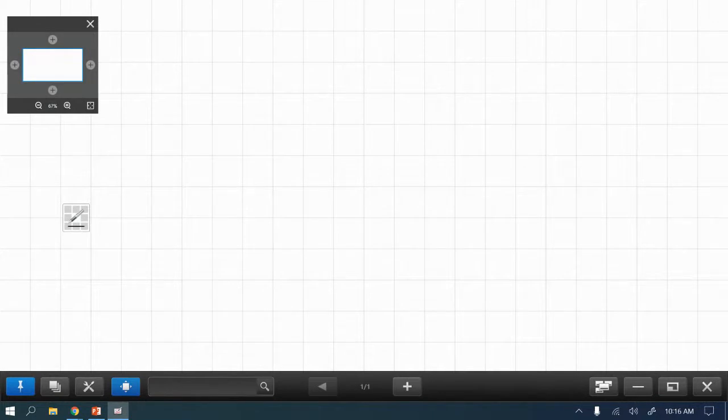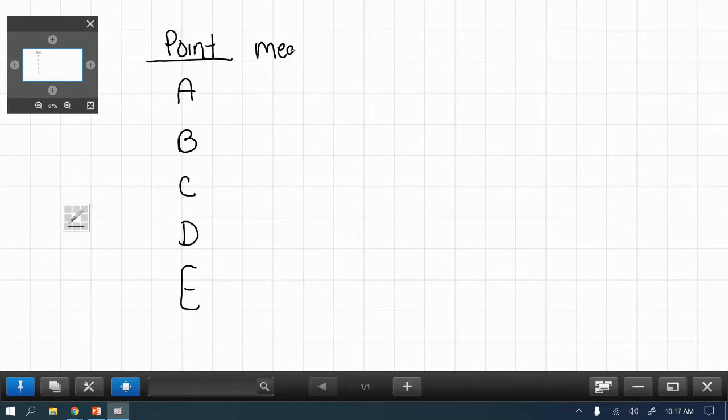So I'm going to start with the angles. So we're not ready to put it in the chart first, because we've got this means measured angle.